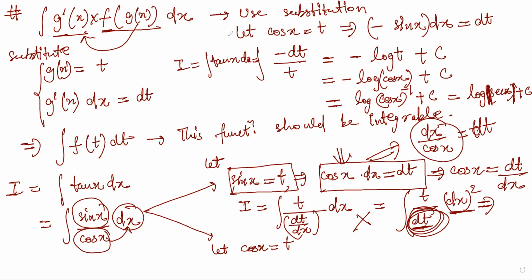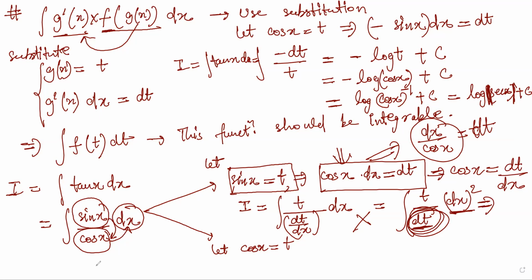Yeah. So what we were trying to do is find the right choice of substitution. Here we have two options. As soon as I see the question, I think that I have the differentiation of sine x present in the function, because differentiation of sine x is cos x, which is already there, and differentiation of cos x is minus sine x, which is also present in the same function.